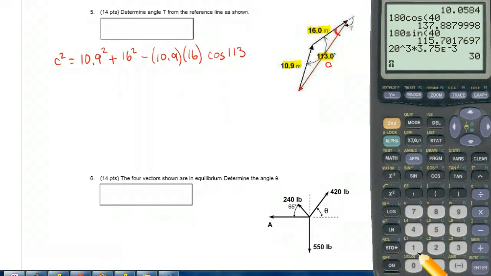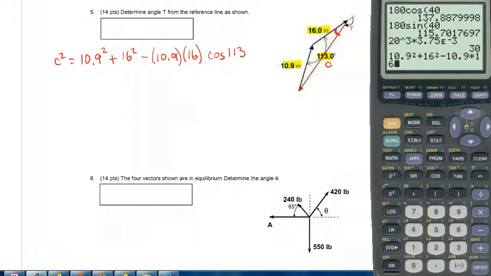Alright, so over here, 10.9 squared plus 16 squared minus 10.9 times 16 times cosine 113.